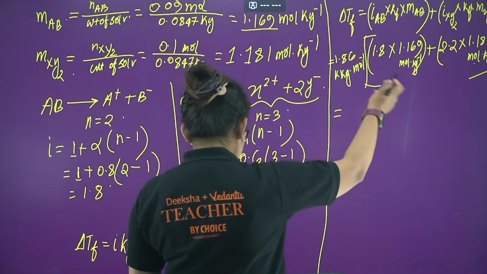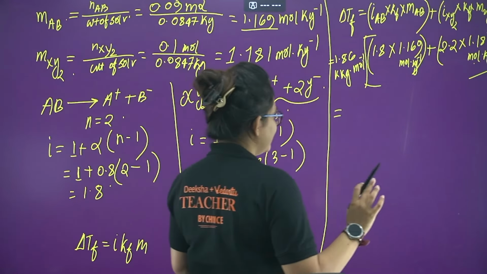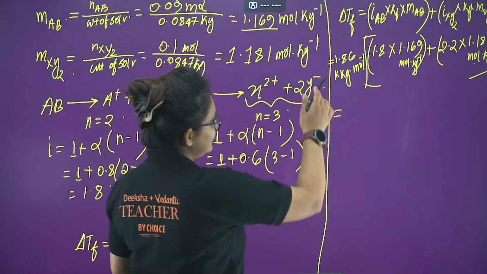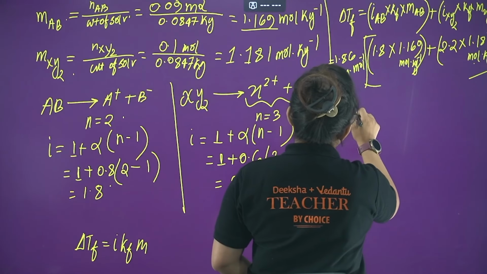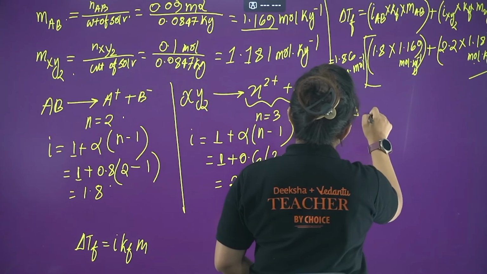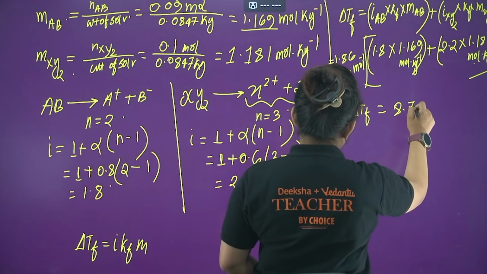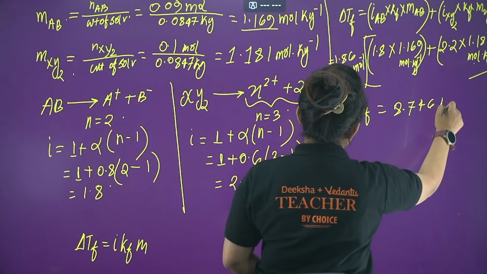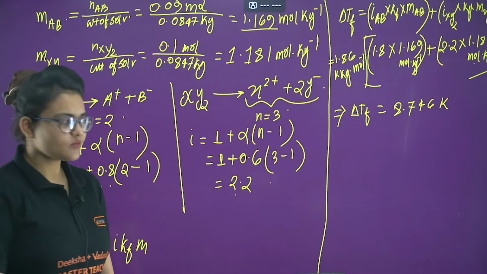If you do this entire calculation, you don't have to do minus, only the multiplication and add, you will get the value delta TF as 8.746 Kelvin. Every unit will be cancelled out.